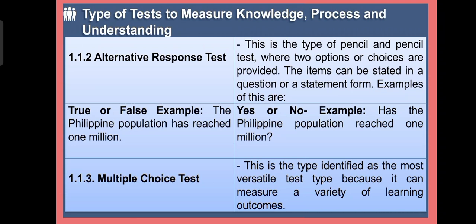The alternative response test is a type of test where you are given two options or choices to choose from.